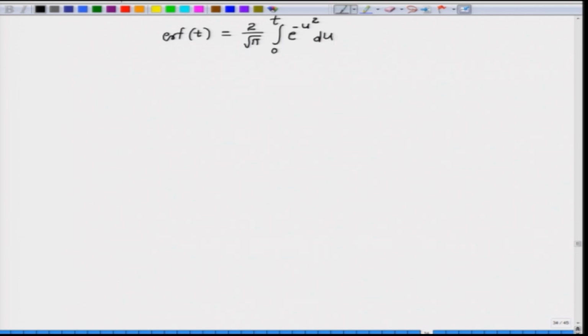This is the integral over the limit 0 to t of e to the power minus u square du, multiplied by the factor 2 over root pi. This is the normalizing factor, so that the error function of infinity turns out to be unity. This is an important function, and many of the solutions will have this error function form. So, let us see some of the properties of the error function.